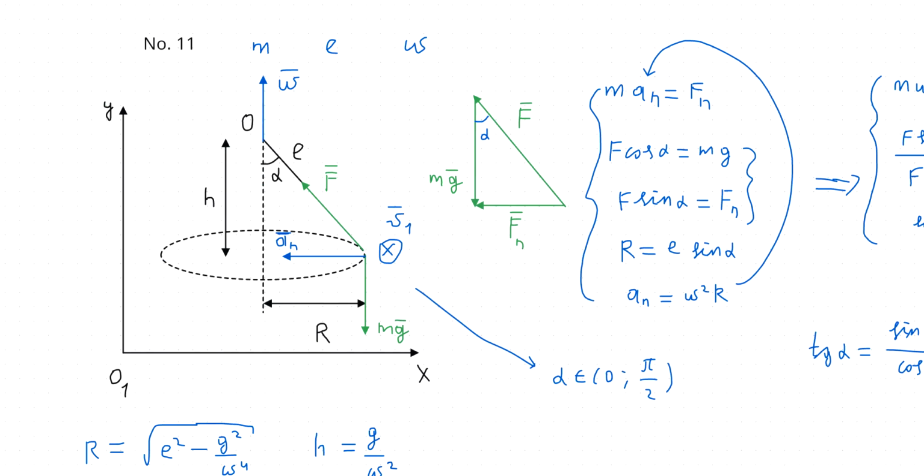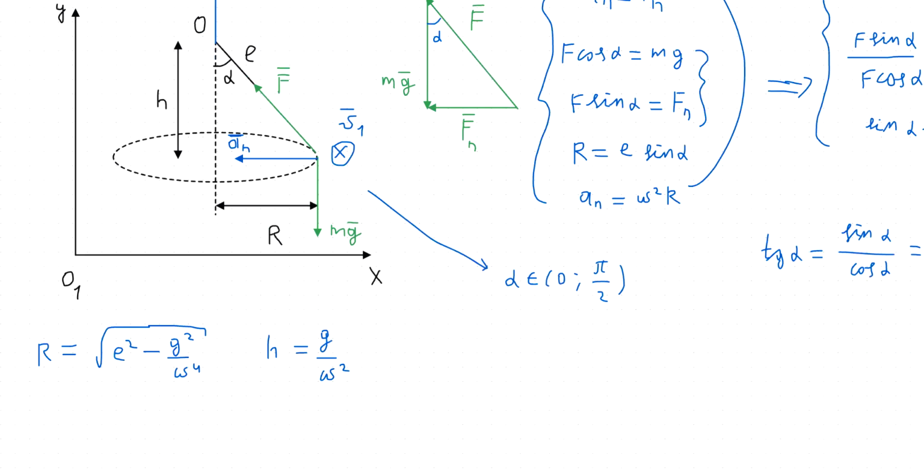Do you remember from kinematics the connection between velocity and angular velocity? So if we have V, omega, and R, what is the connection between these values?